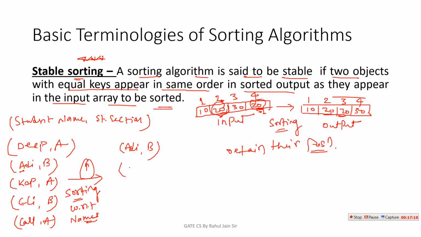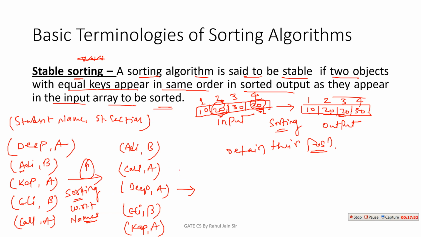At the second position I will get Carl with section A. At the next position I will get Deep with section A. Then Eli with section B, and at the next place I will get Cap with section A. So you will observe here that they are sorted with respect to names. So we might have to sort it again.